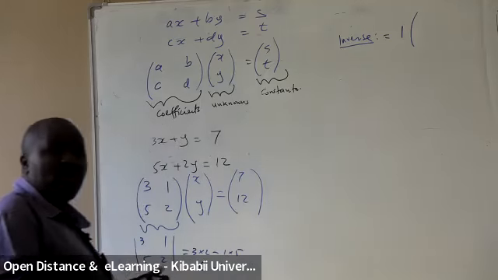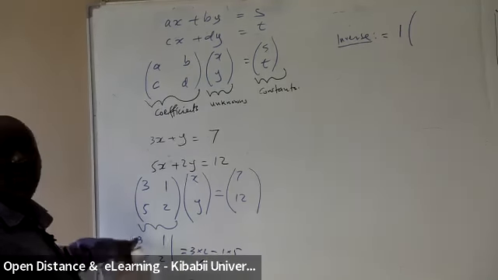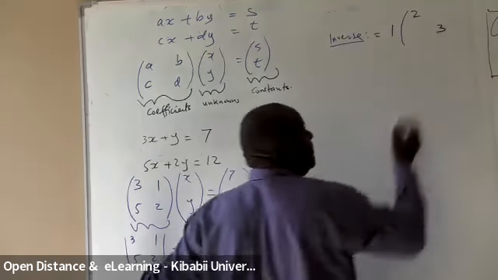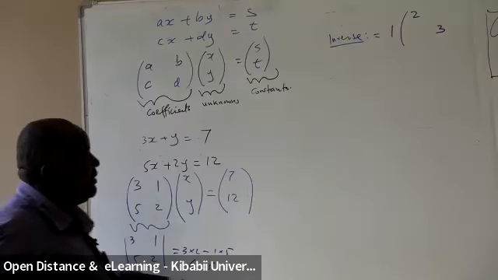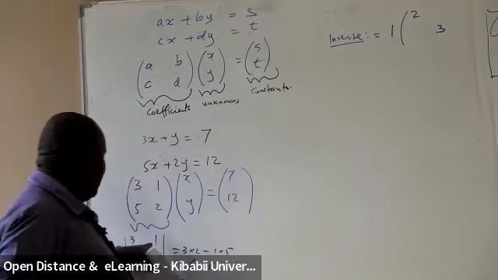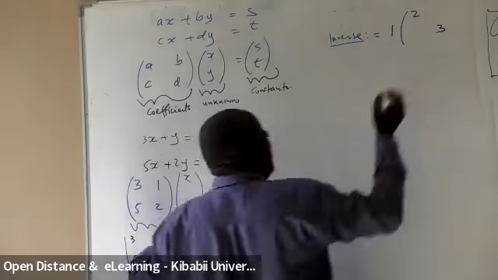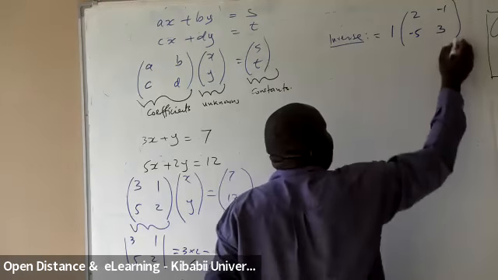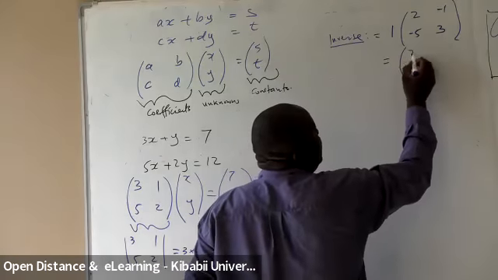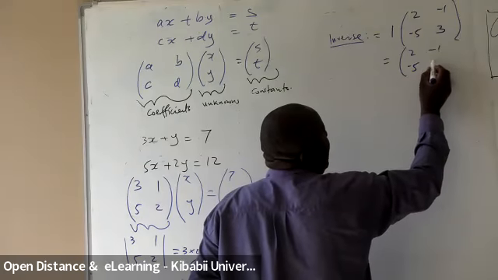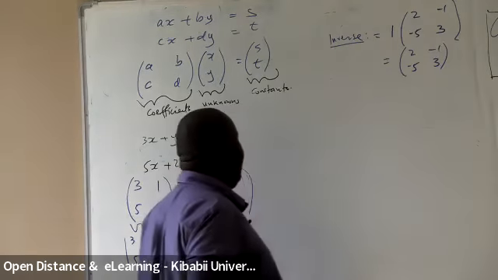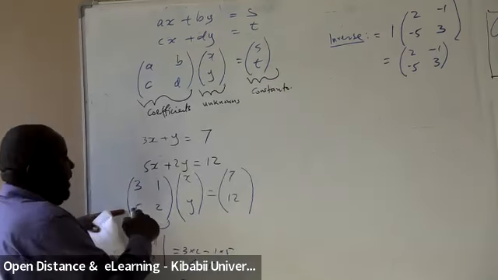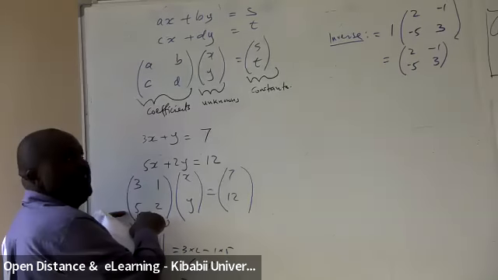Now, the coefficient matrix, I can take it to the example, having 3, 2. Swap the elements. Number 2. Reverse the 1 and the 5 with negative signs. And therefore, the inverse will be equal to 2, negative 1, negative 5, 3. Now back to our question. We multiply by the inverse matrix.